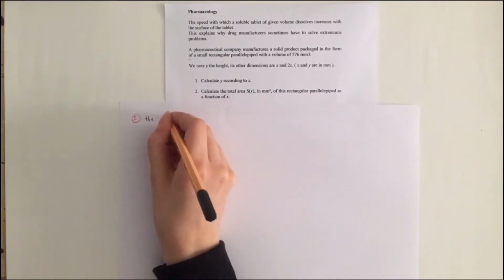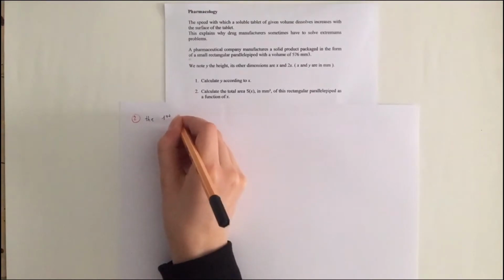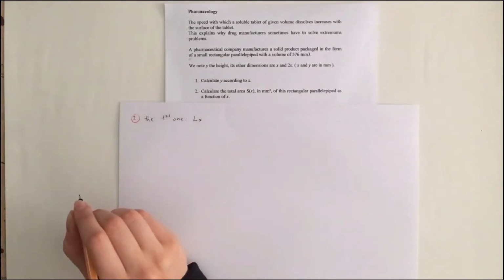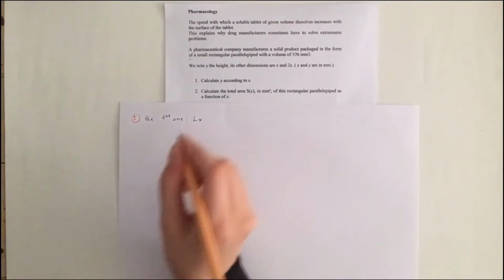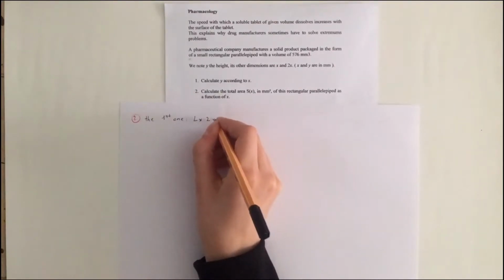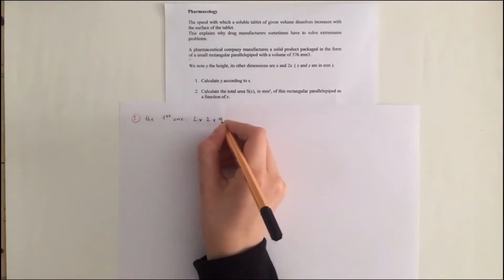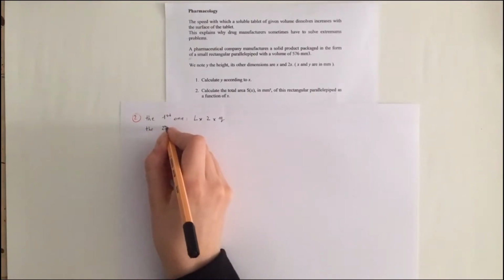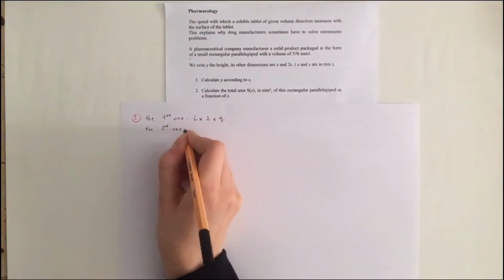The first one is 2 times the length times the height. Then the second one, which is 2 times the length times the width.